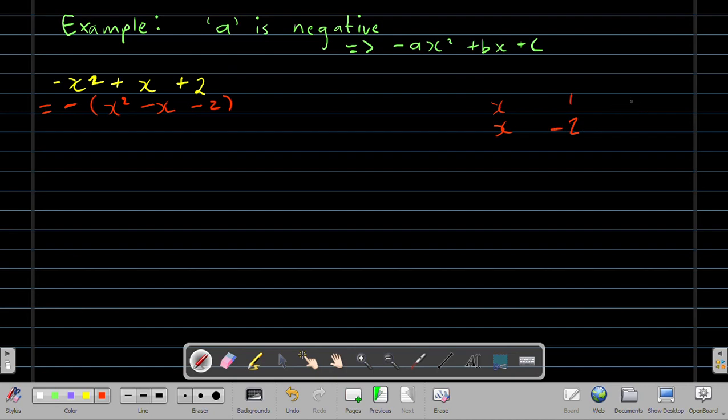So here we get an x times negative 2, we get negative 2x. Add those two up, and we get a negative x. And our factorized form is simply going to be negative, x plus 1, x minus 2.